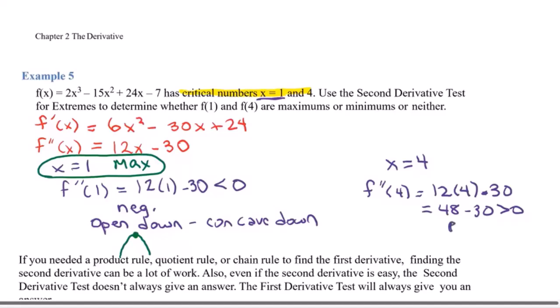So we have positive, concave up. If something is concave up, it looks like that, and we have a minimum value. So this is our local min.